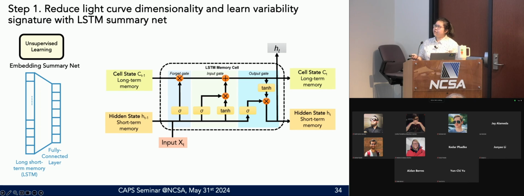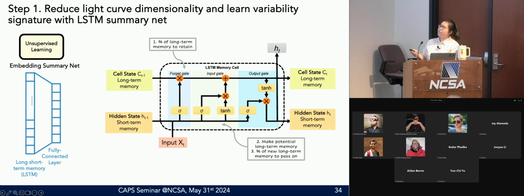And so we feed the light curve into an LSTM network first. LSTM is a recurrent neural net that is designed to learn temporal signatures in data. How it does it is that with every input, so every new data point in the light curves, it tries to decide how much of it to retain, how much of it to pass on to the next step, and how much of it to forget.